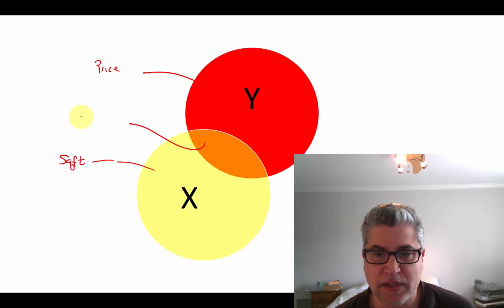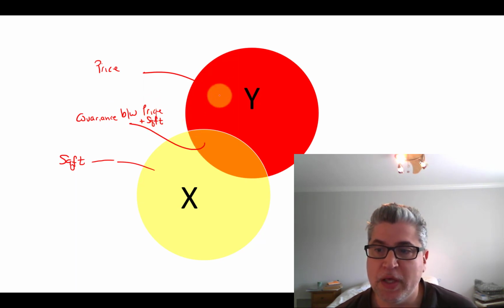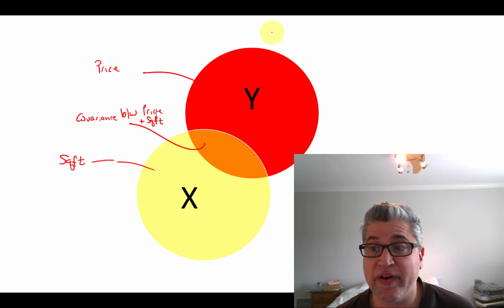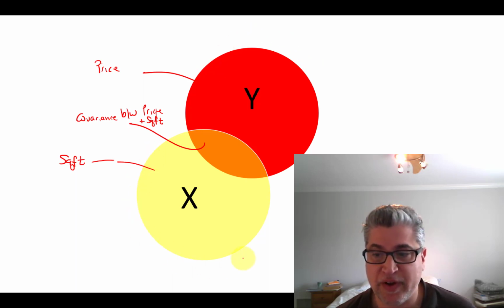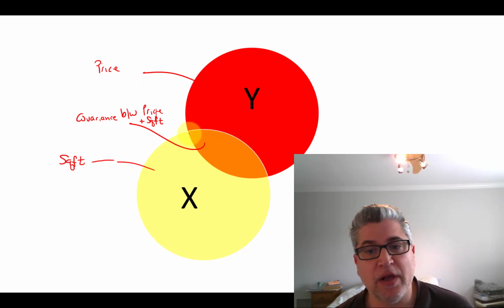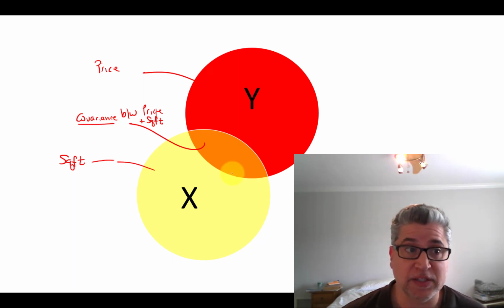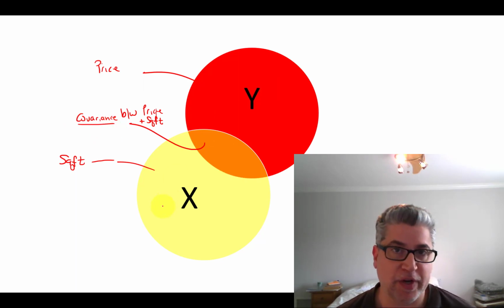That part is covariance between price and square footage. Okay. So if the red circle is the variance of price and yellow is the variance of square footage, then their area of overlap is the covariance between price and square footage.